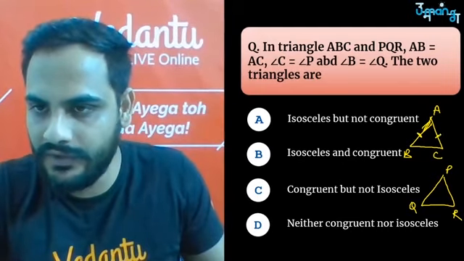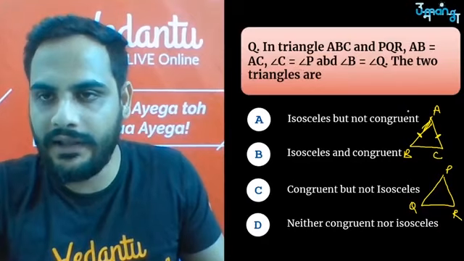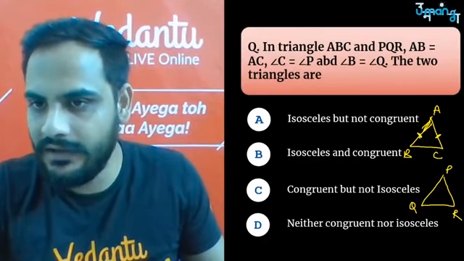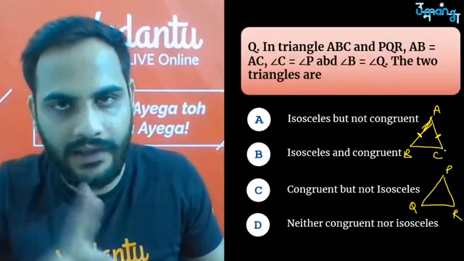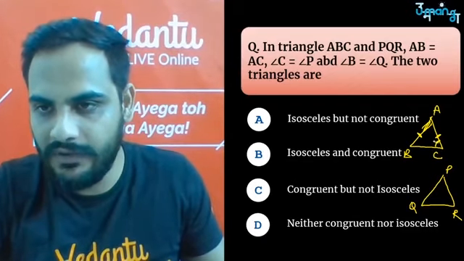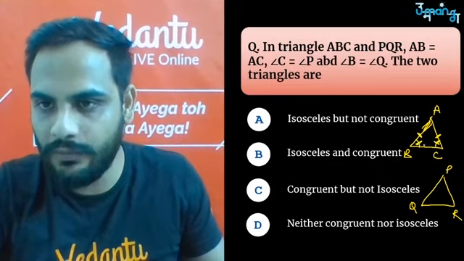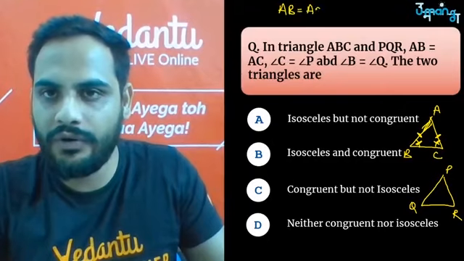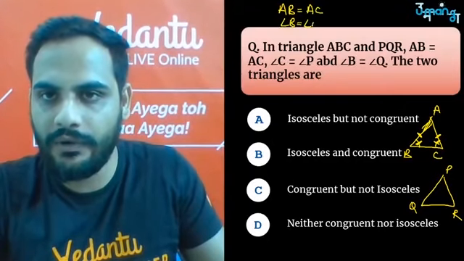These two sides are equal, and if AB is equal to AC, I can clearly say that if two sides are equal, the angles opposite to them will be equal. That means angle B and angle C are equal to each other. So if AB is equal to AC, we got to know that angle B is equal to angle C.